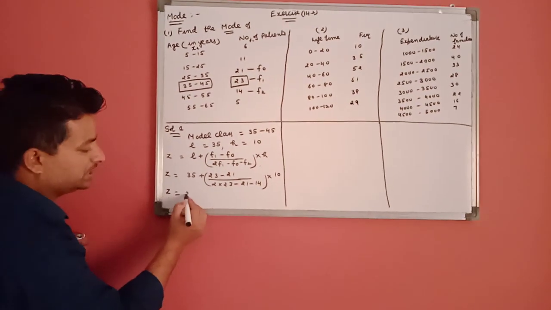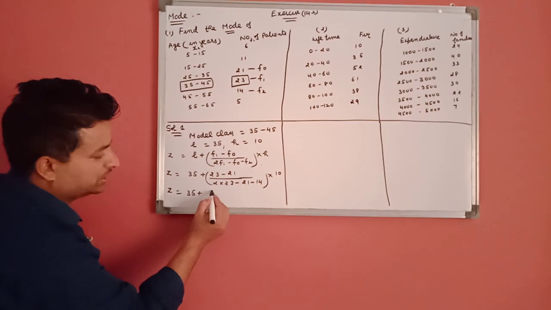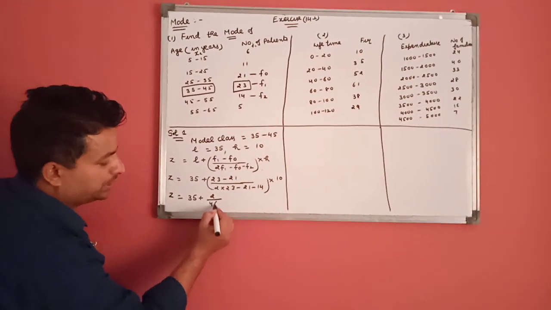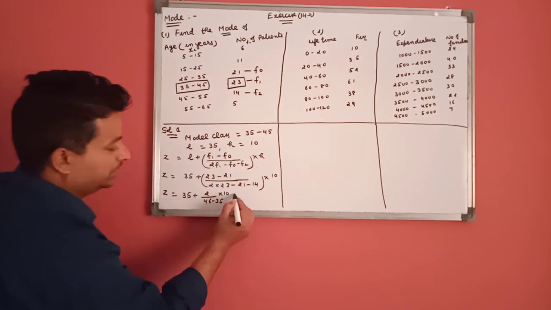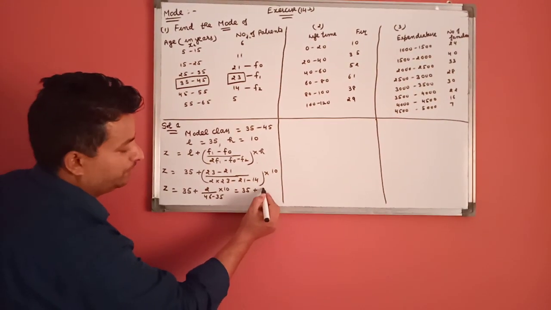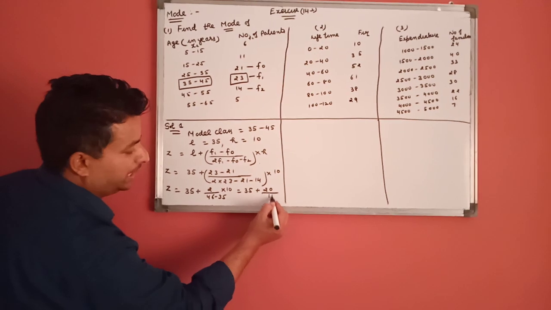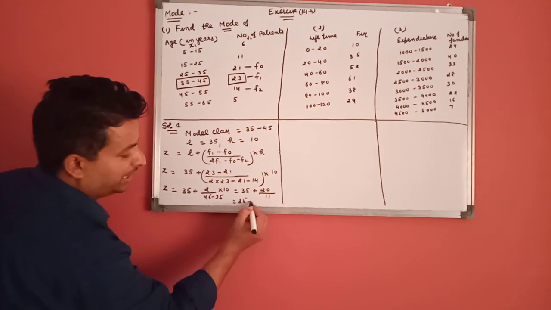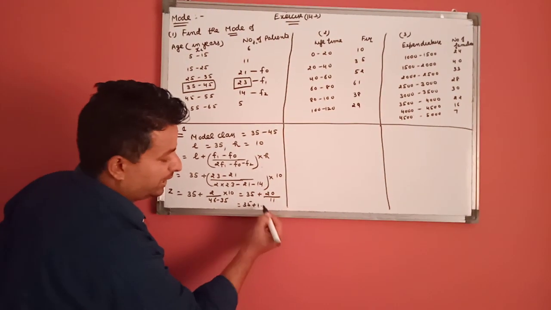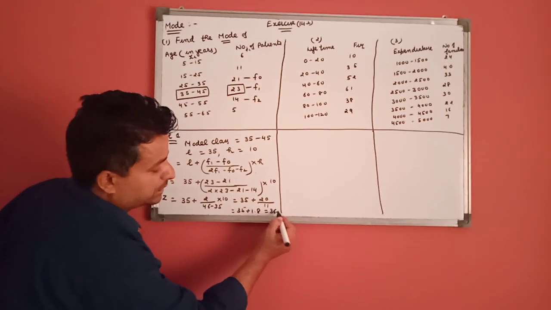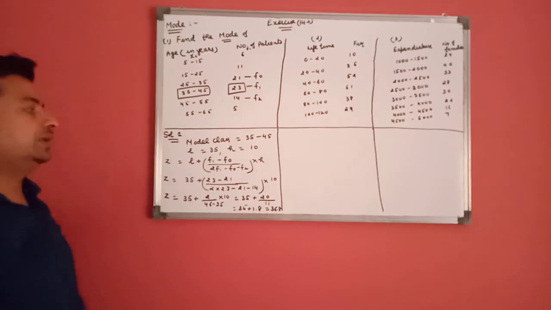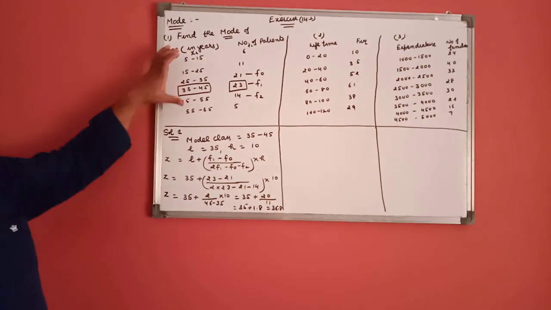When we solve this, it is 35 plus 2 upon 46 minus 35, into 10. This means 35 plus 20 upon 11. When we divide this we get 1.8, so 36.8 is the mode of this question.